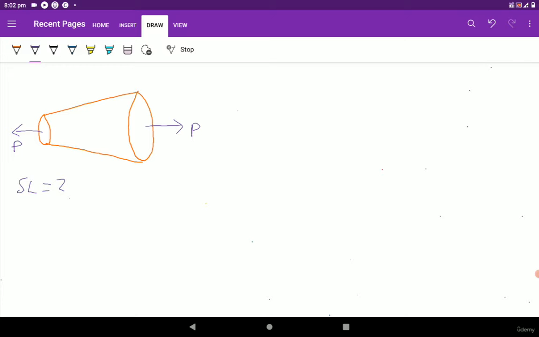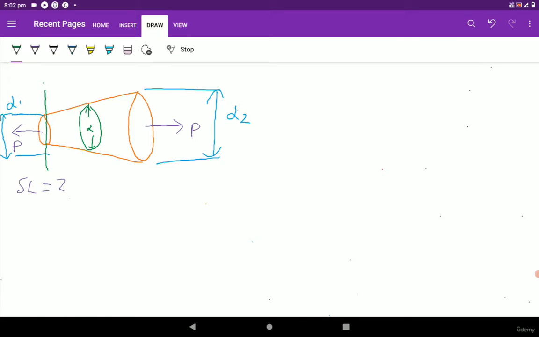For this end the diameter is D2, and for this end the diameter is D1. Now we have to take any cross section here whose diameter is, we can say, D, and we can take the reference line from this direction, that is the X direction.